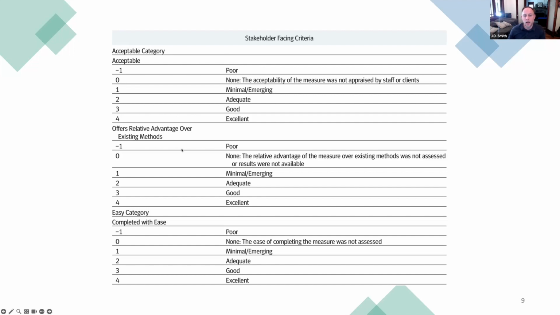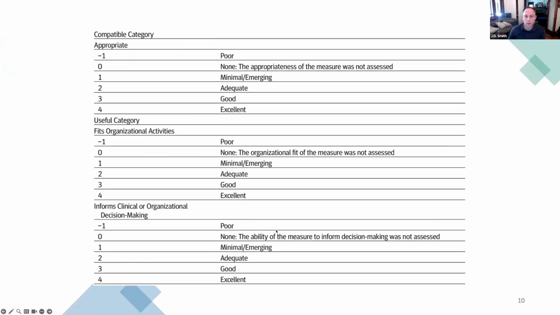Similar for relative advantage. There was no relative advantage or results were unavailable would be your 0, and then you move up and down from there. Similarly for ease, completed with ease, whether or not this was even assessed is always a question as well.